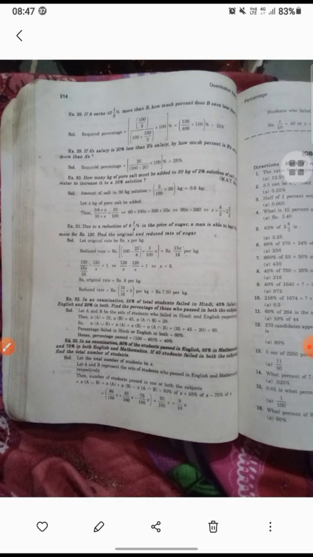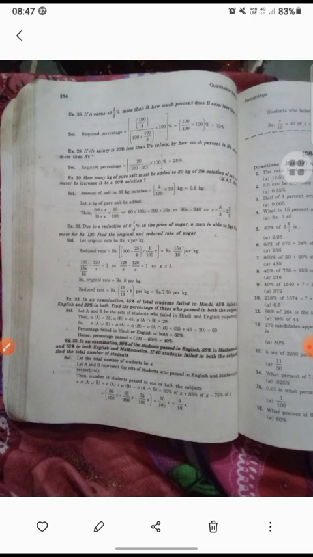Due to a reduction of 6 की power 1 by 4 in the price of sugar, a man is able to buy 1 kg more, for 120. Okay, so the reduced rate is 100 minus 25 by 4 into 1 upon 100 x, so that is 15x upon 16. So now the new price is 120 upon 15x by 16 minus 120 upon x. So x is the sugar, equals 1, it is given.